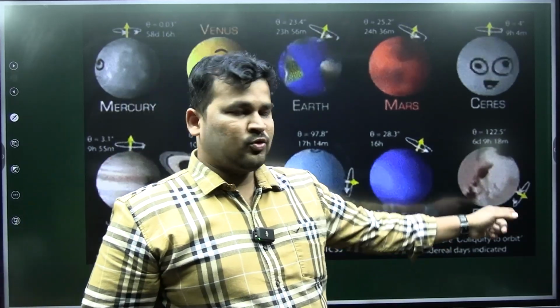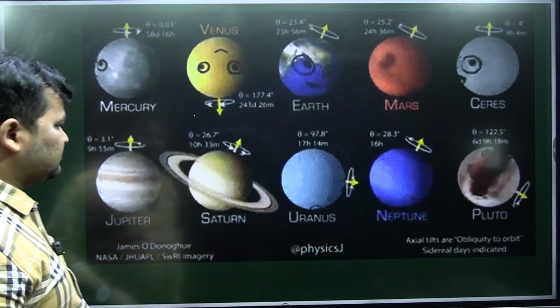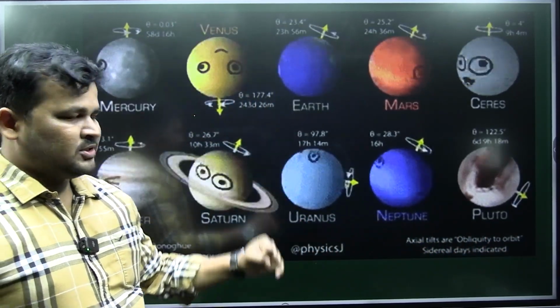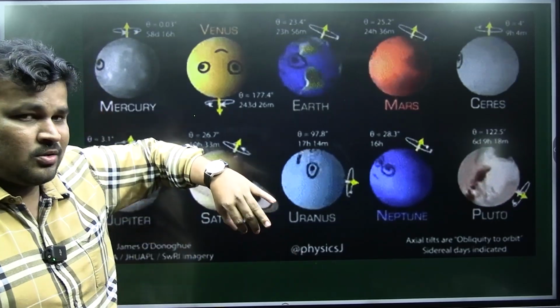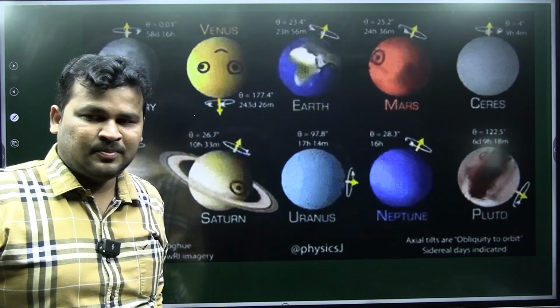Of course, Pluto is not a planet, but a dwarf planet. So Venus and Uranus rotate differently compared with the remaining planets.